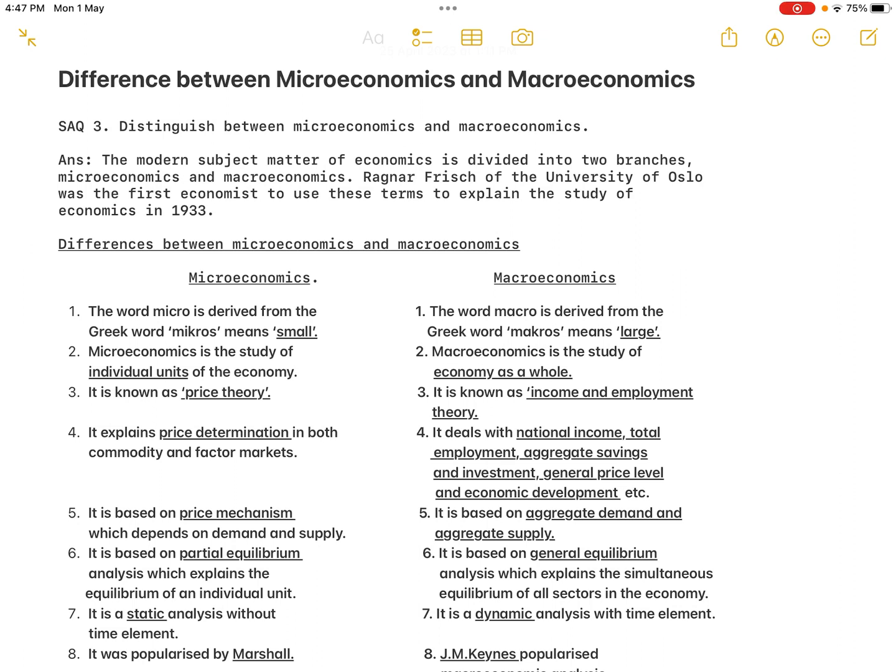But macroeconomics is also called income and employment theory, because macroeconomics is mostly concerned with how the level of national income in the country can be improved. So it is more concerned with economic growth, economic development, all those things. When I say economic growth or economic development, it is nothing but the rise in the national income of the country.